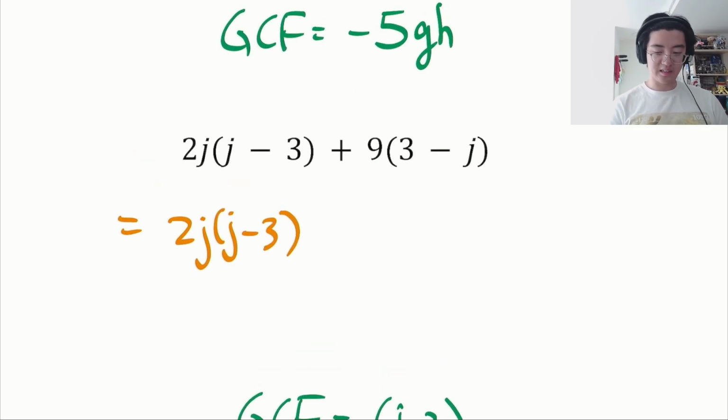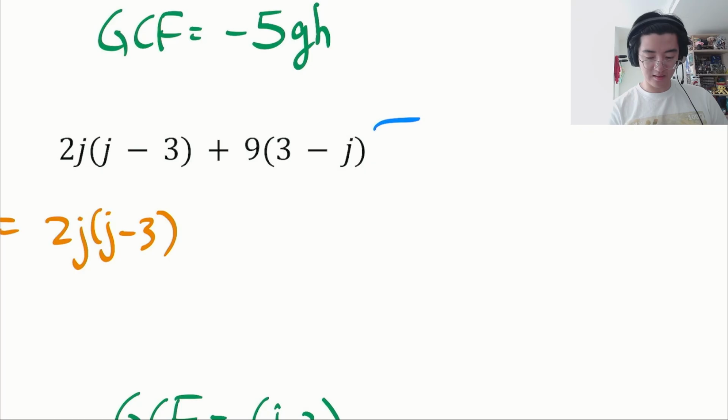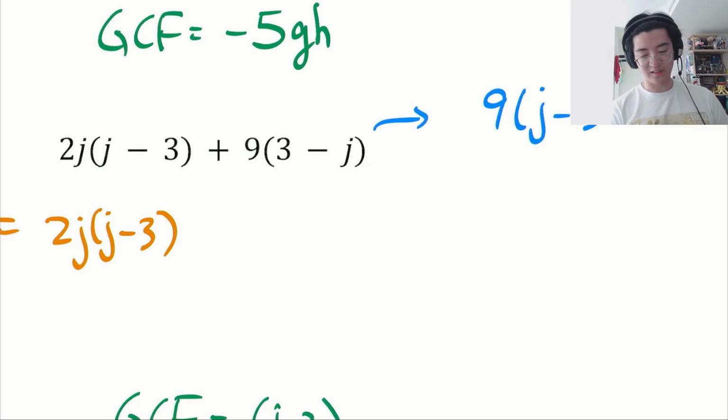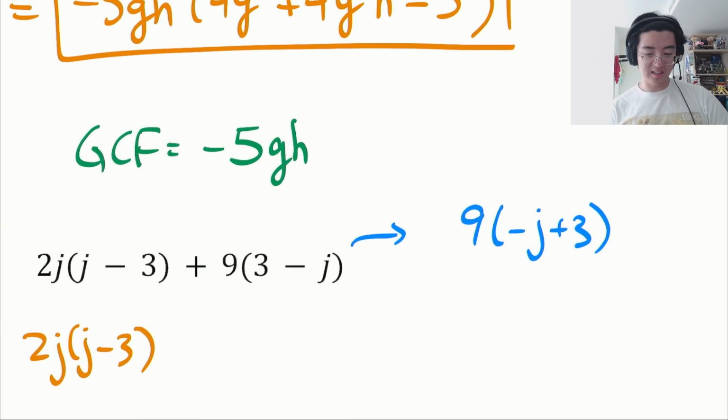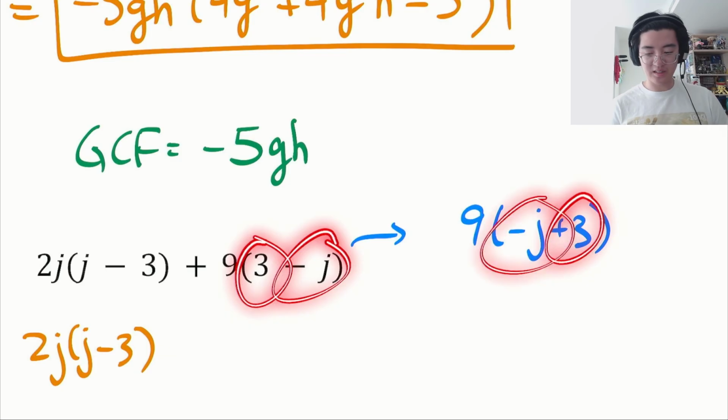So what we can do is rearrange it so that it's j minus 3 instead. Of course, that's illegal. Those two are not the same thing. Because if we swap those two things, we have minus j plus 3. Because again, it's 3 minus j. The 3 here is positive. Minus j, of course, is negative.